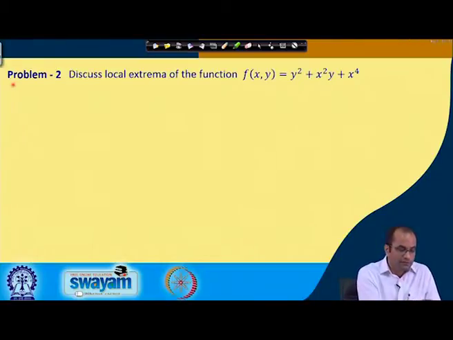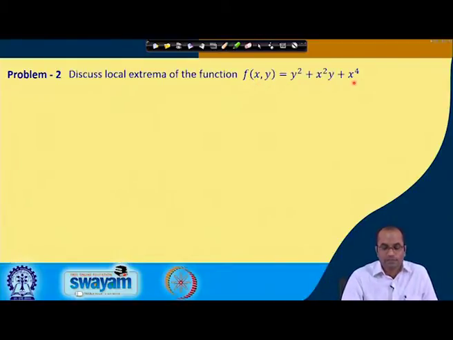And now we move to the next problem, which is the function f x y equal to y square plus x square y plus x 4, and we want to discuss it for local extrema.